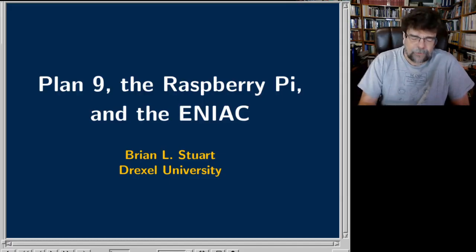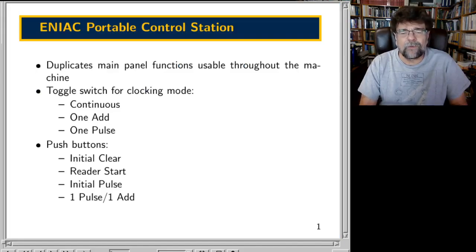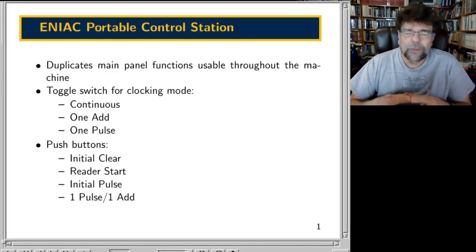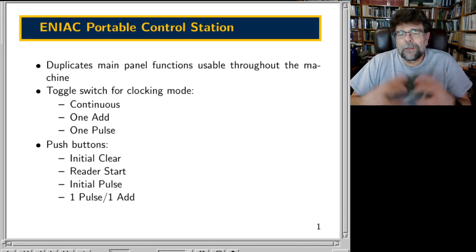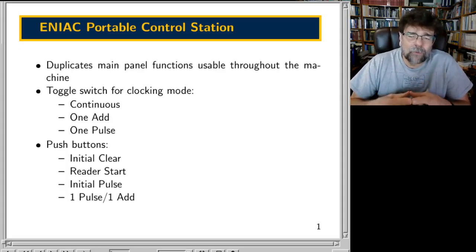Now, the control box itself that we're going to talk about is a device that they could carry around the room with them. The machine itself was literally a room. The space in which the operators could work was 32 feet by 16 feet, or roughly 10 meters by 5 meters.